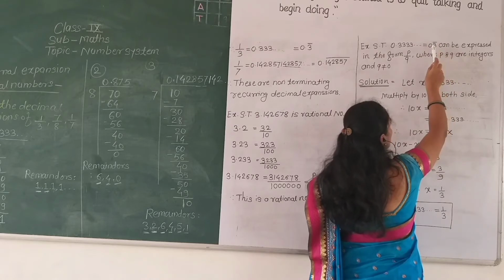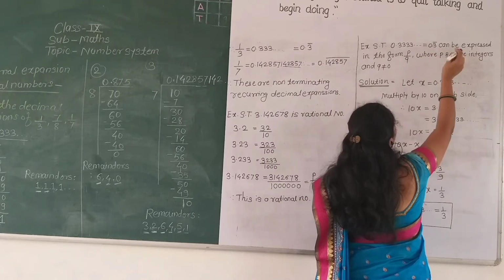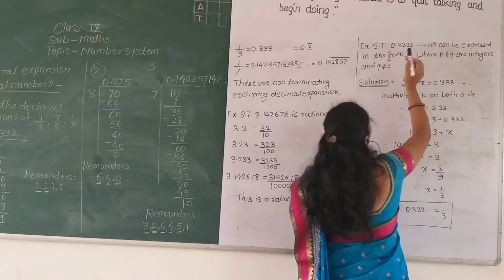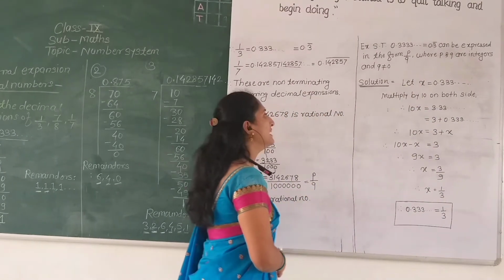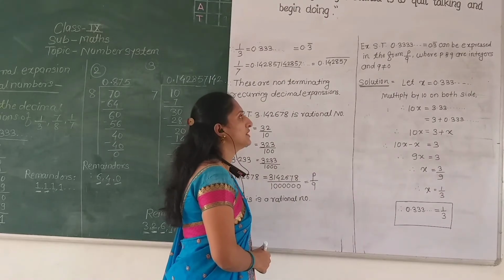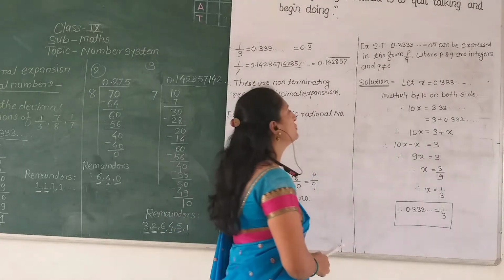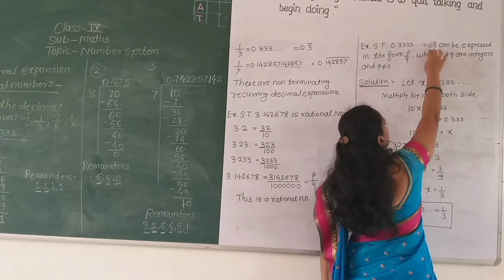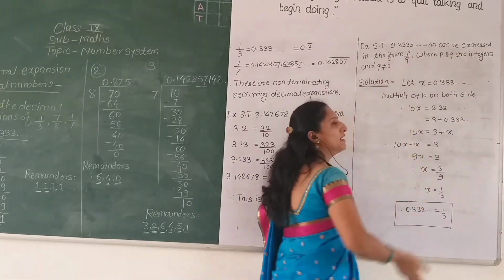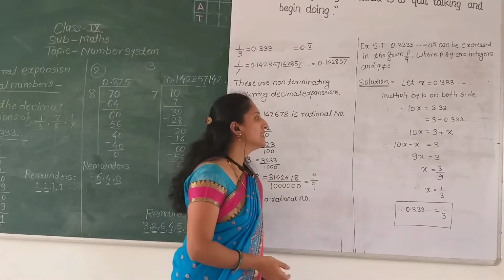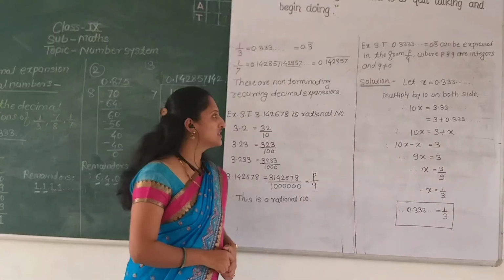Remember, non-terminating and recurring can be expressed in the form of P upon Q, where P and Q are integers and Q is not equal to 0. That means we have to express this number in the form of P upon Q and show that this number is a rational number.